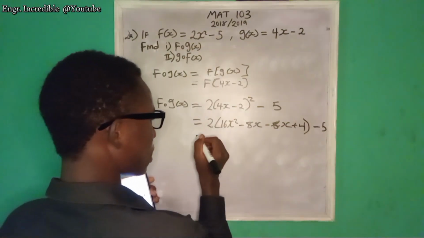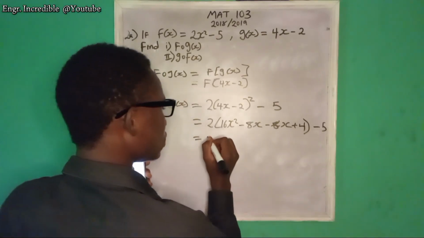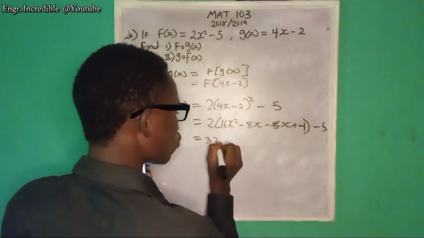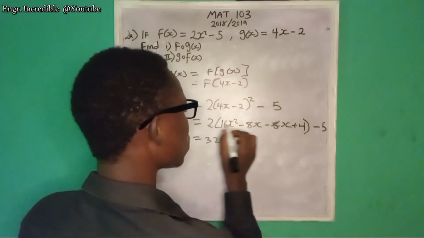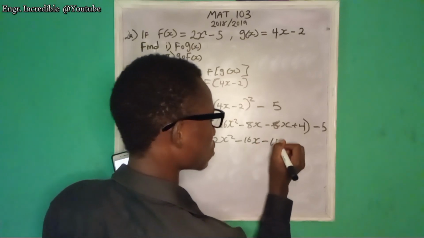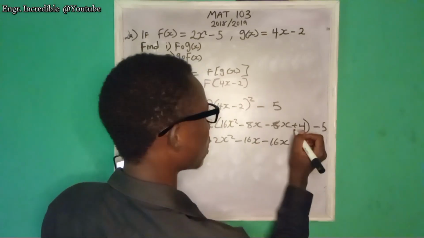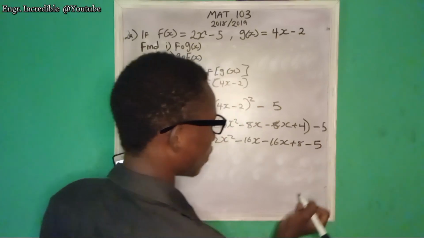We continue expanding. 2 multiplied by 16x squared, we have 32x squared. Then 2 times minus 8x, we have minus 16x, minus 16x. 2 times 4 is plus 8, minus 5.